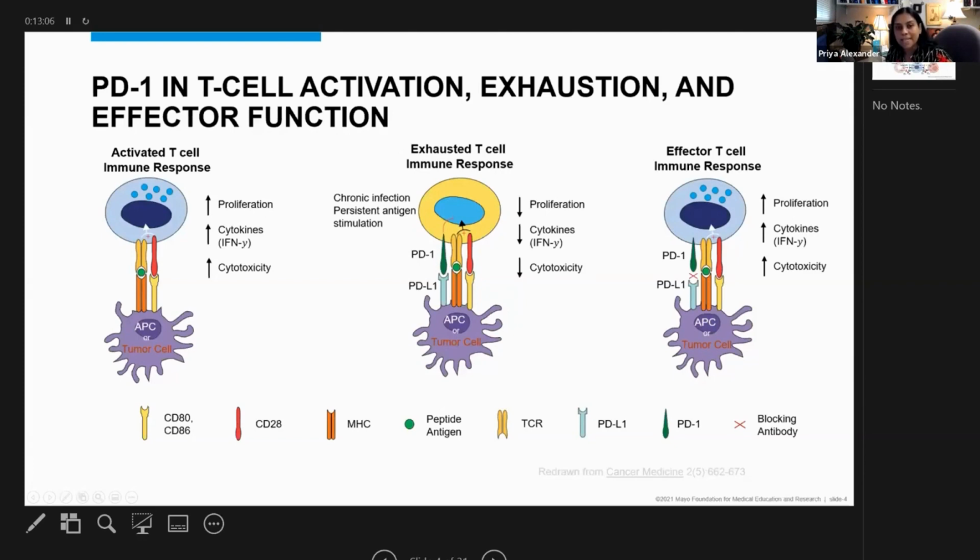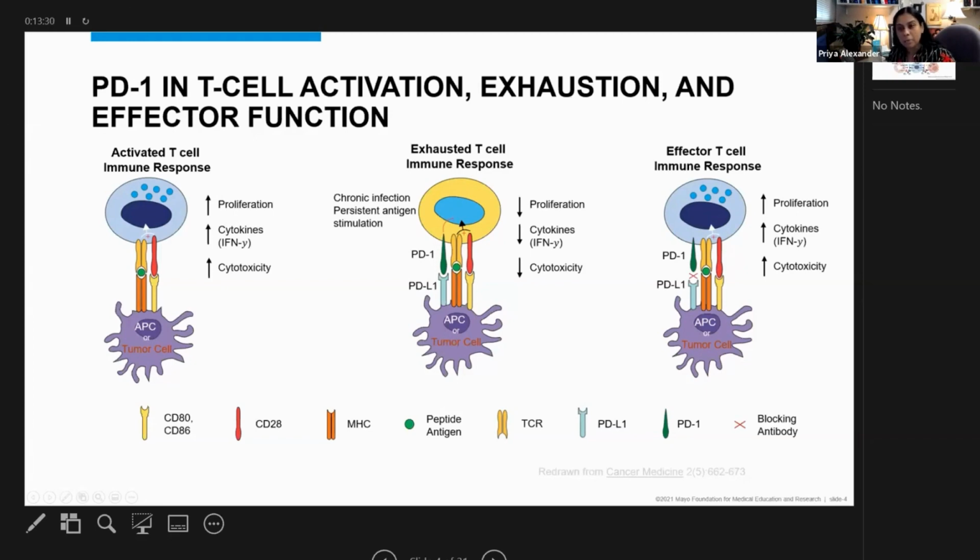But when there's an excessive chronic persistent antigen stimulation or chronic infection, the use of PD-L1 as expressed by antigen presenting cells and PD-1 by the T cells downregulates or decreases the proliferation of T cells, diminishes cytokine production, and diminishes cytotoxicity.